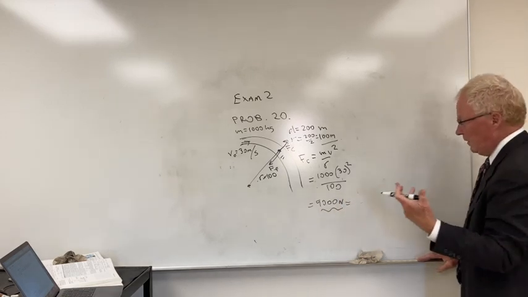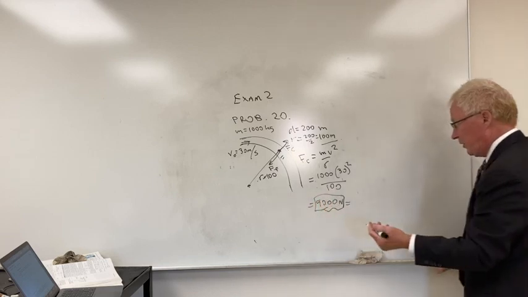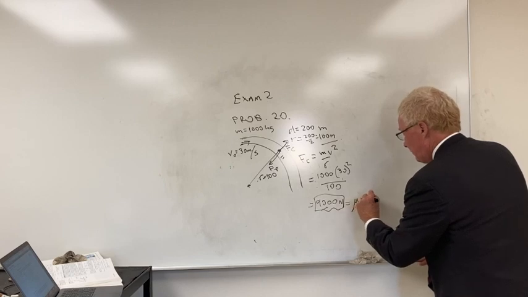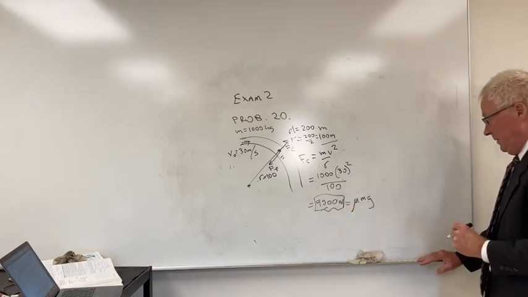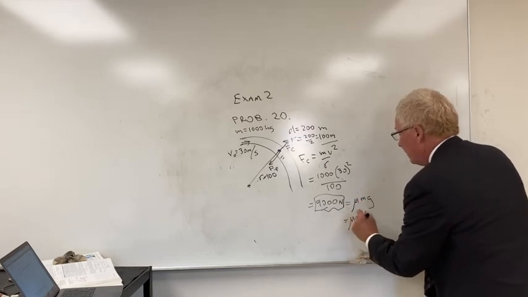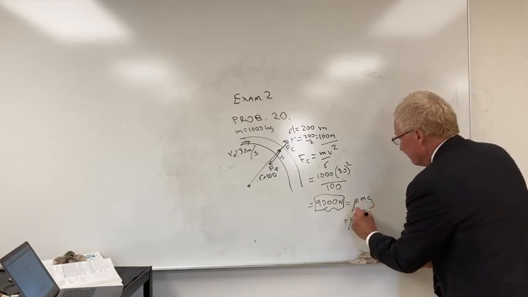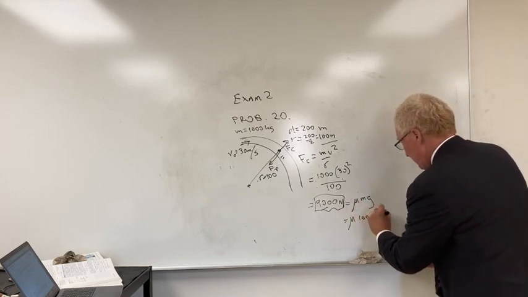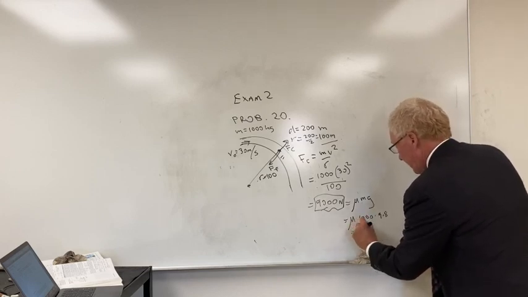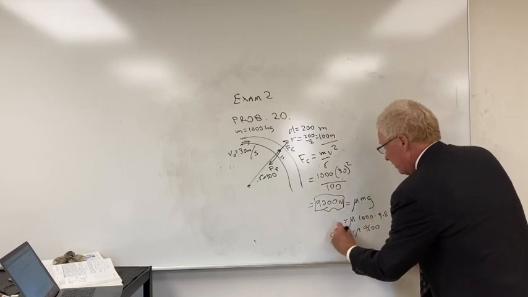Keeping that in mind, this is the correct answer. But if I want to get the minimum coefficient of friction, that would be mu mg. So that would be mu times 1,000 times 9.8, and mu is 9,000 over 9,800.